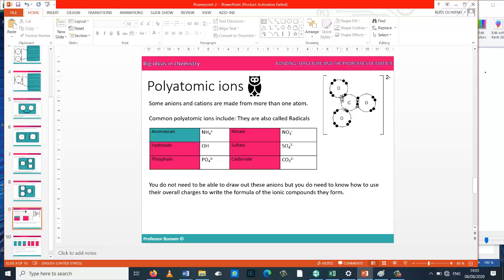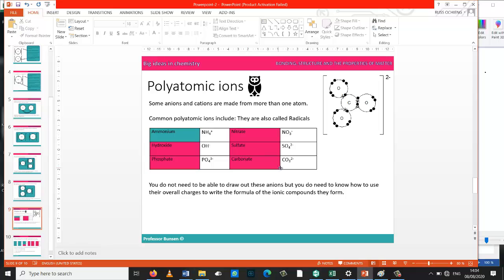Assuming that the crosses are for carbon, we have 1, 2, 3, 4. It means that all these oxygen atoms must give carbon 4 electrons. That is why this oxygen gives it 1 with this dot, this oxygen gives it 2, and this other oxygen must give it 4. Remember, we said that carbon requires 4 electrons to be stable, and it reacts by sharing the 4 electrons, and that is how we form such a compound.